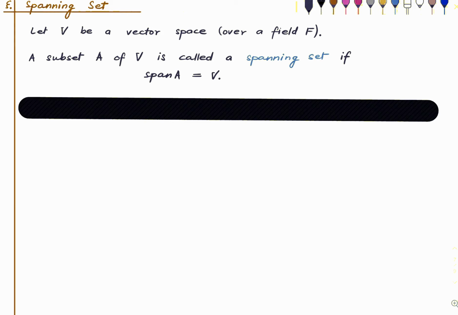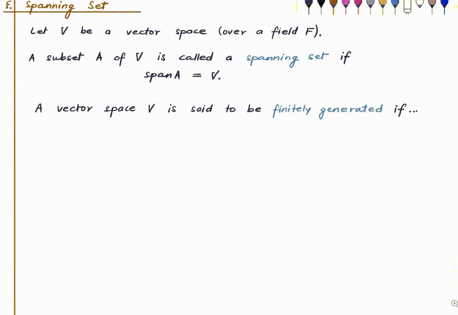We will look at examples, but before that, we say that a vector space V is finitely generated if it has a finite spanning set. So two definitions, and we will fortify our understanding using examples.